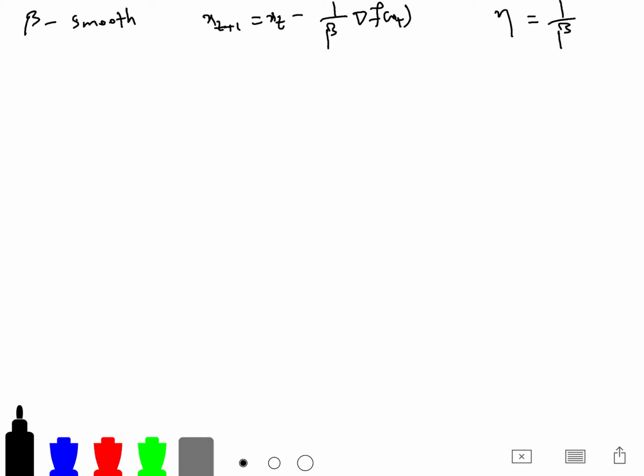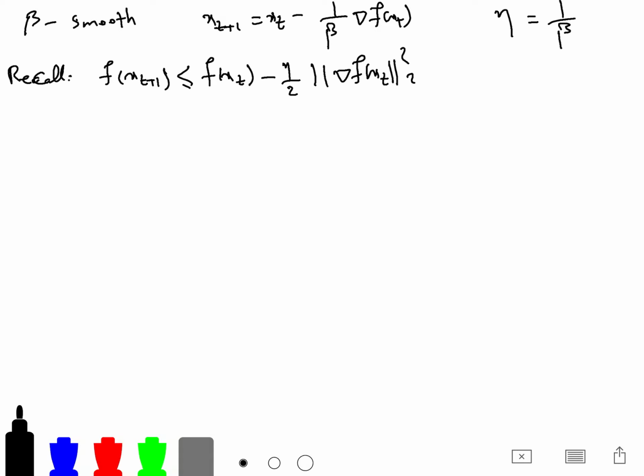And recall that for beta-smooth functions, we can always write f of x_{t+1} is less than f of x_t minus eta over 2 times the norm of the gradient of f of x_t squared, for any eta less than or equal to 1 over beta.